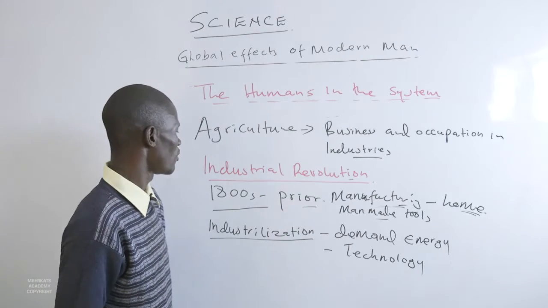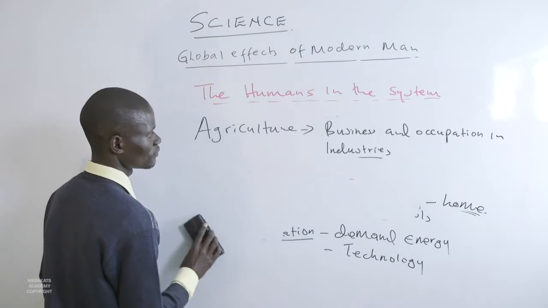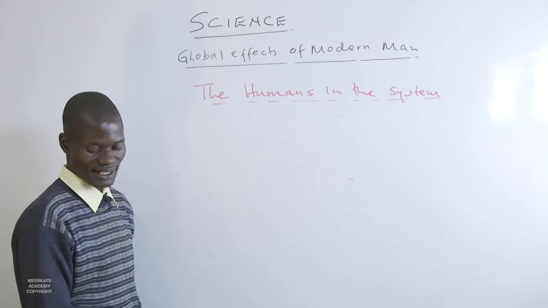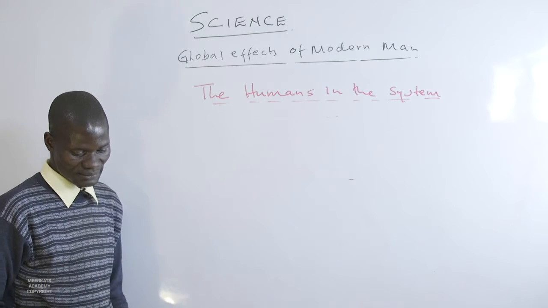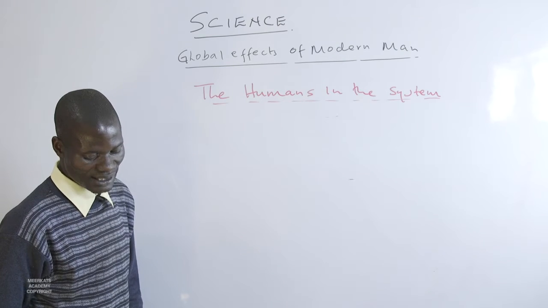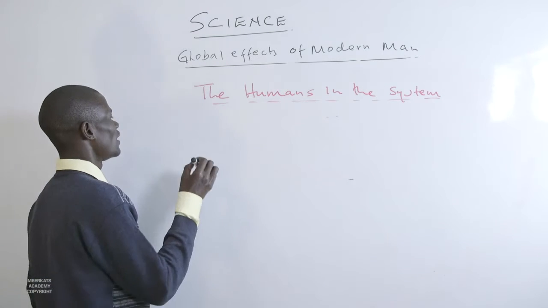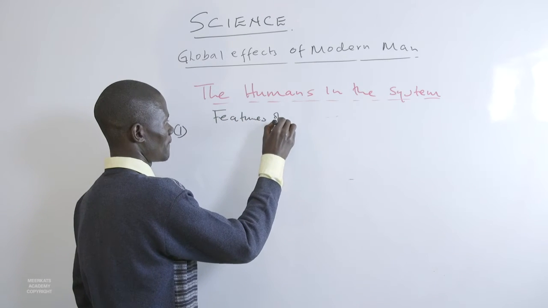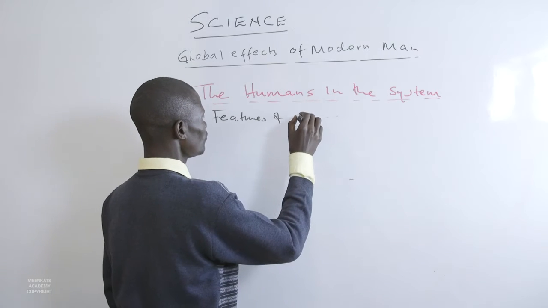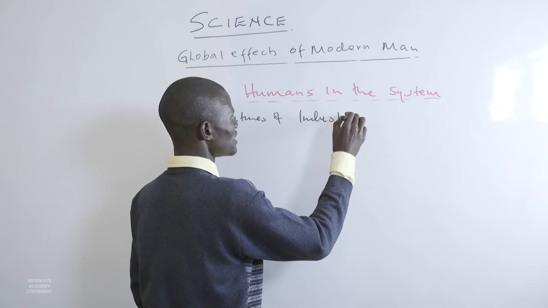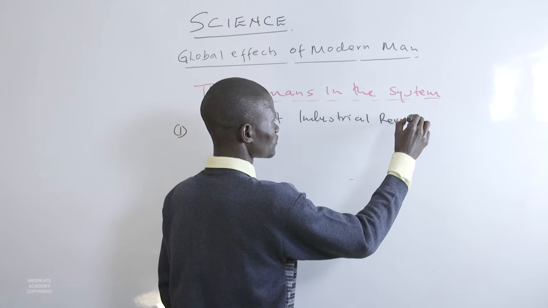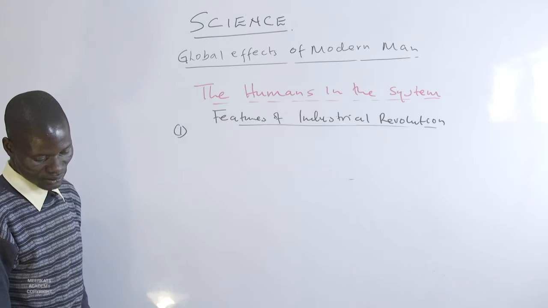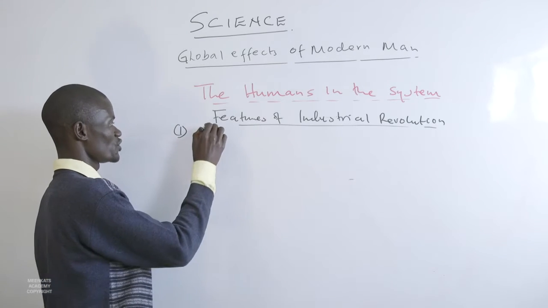What were the main features of the Industrial Revolution? As a result of the Aboriginal people and other people of the world moving from agricultural activity to business and industrialization, the main features of the Industrial Revolution included the application of new technology.